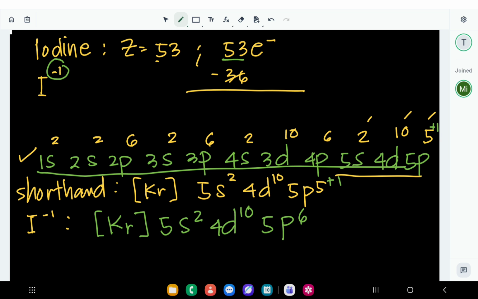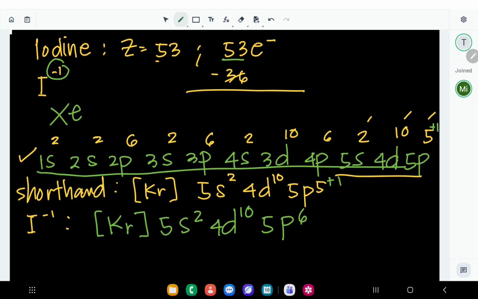And 54 is the number of electrons of xenon, as well as its atomic number. So that's why the answer there is xenon. You understand? Yeah, a bit confusing, right?